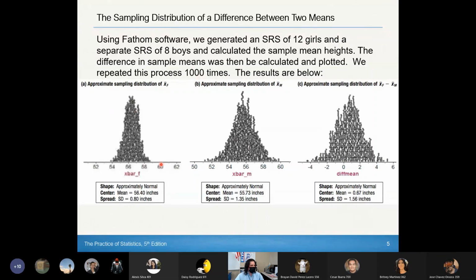So our first graph is the sampling distribution for the sample means of the height of 10-year-old girls. Second graph is the sampling distribution of the mean height of 10-year-old boys. And then we have the difference between these two, the sampling distribution of the difference.